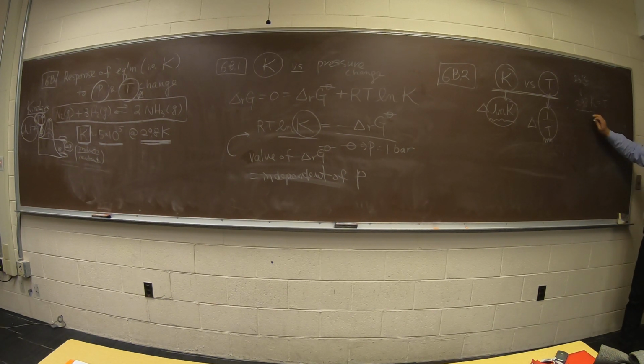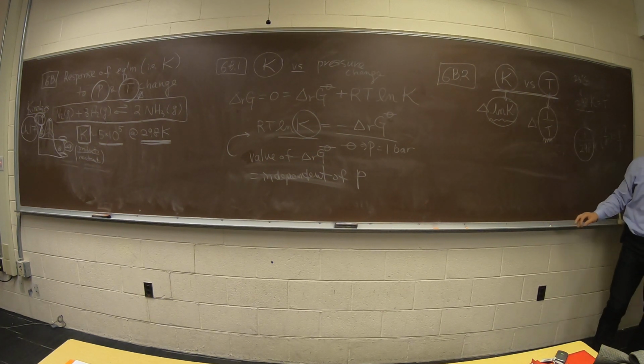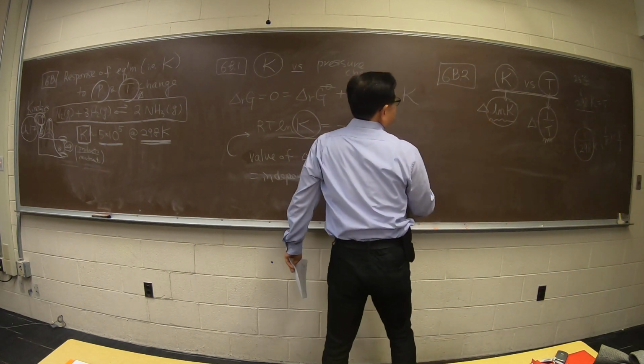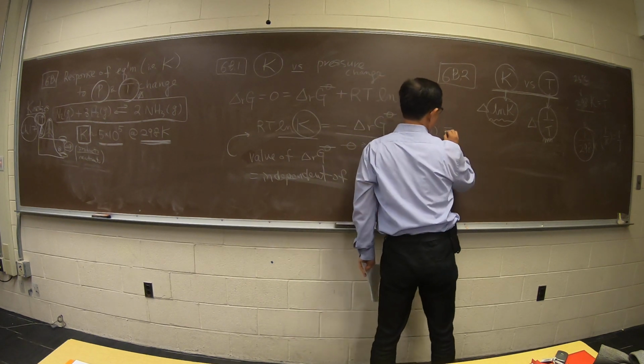But for any kind of thermodynamic change, the effective temperature is 1 over T. This is the value that is actually meaningful for the temperature. I'm going to derive this equation, so don't worry about that. Okay, so first, let's talk about our experience.